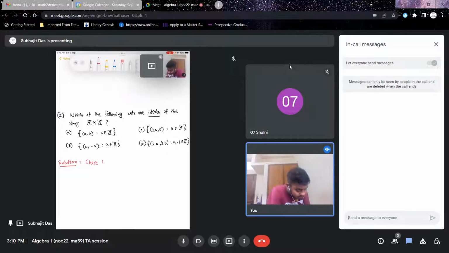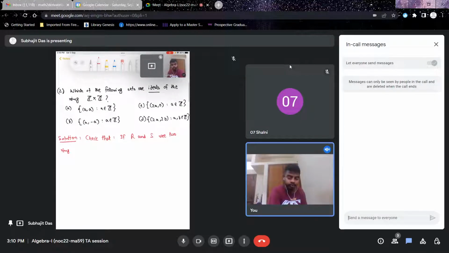Check that if R and S are two rings, and by ring I always mean a ring with one, it need not be commutative, but it's always a unital ring. Associativity is one of the axioms. We always assume there is a one.